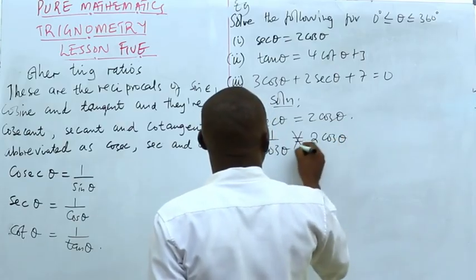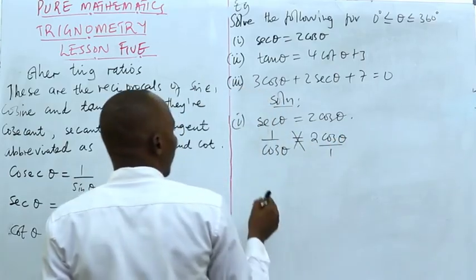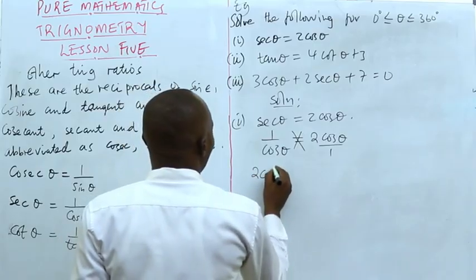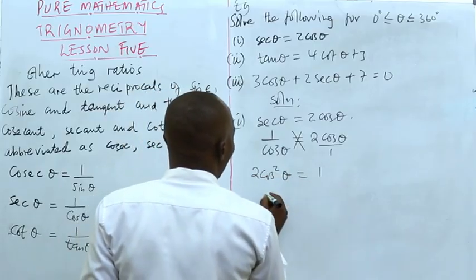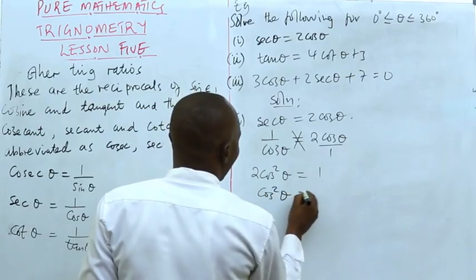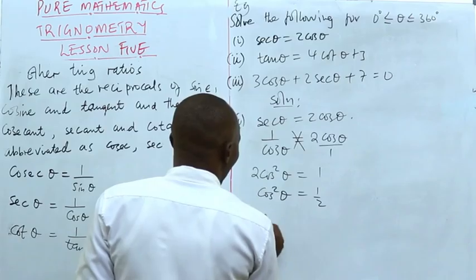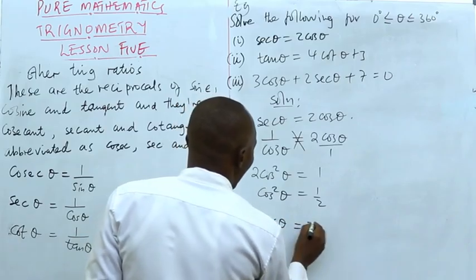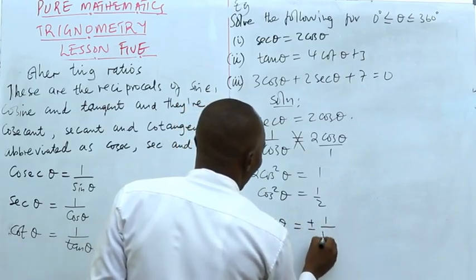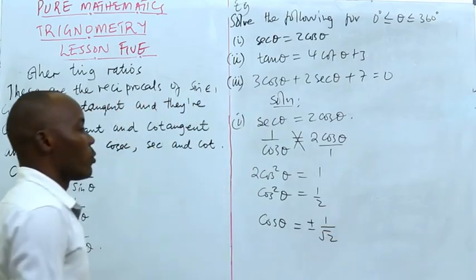Okay? So if you cross multiply, you have 2 cos squared theta is equal to 1, or cos squared theta is equal to a half. Now, cos of theta is equal to plus or minus 1 over what? 1 over root 2.